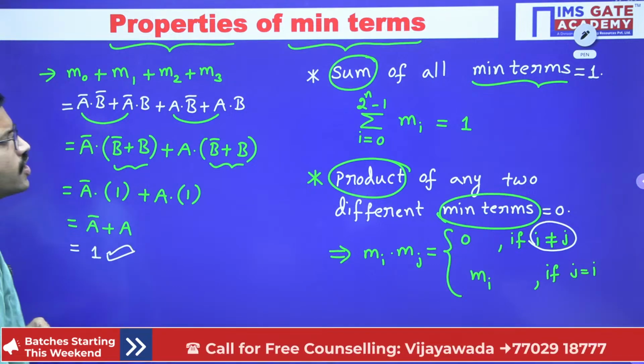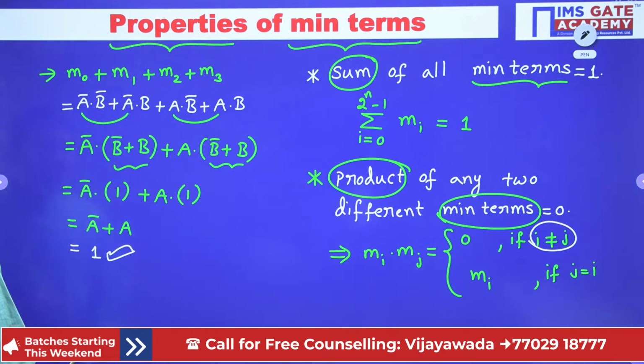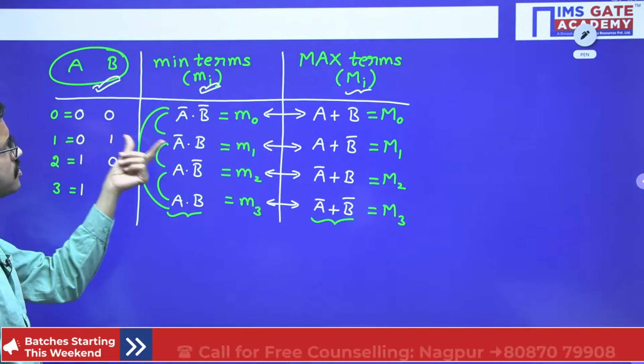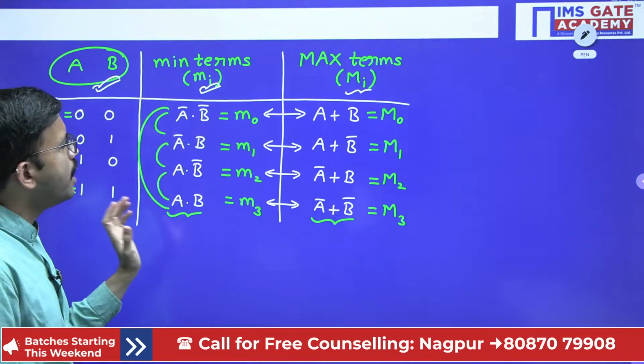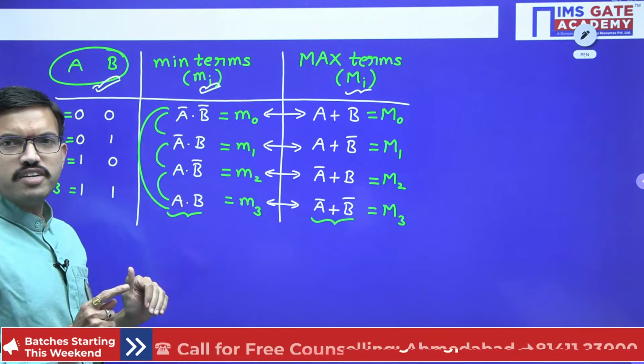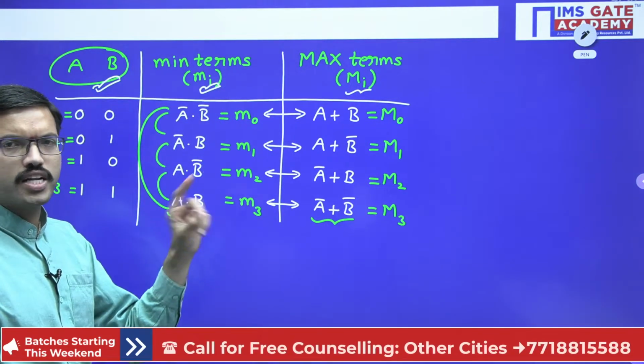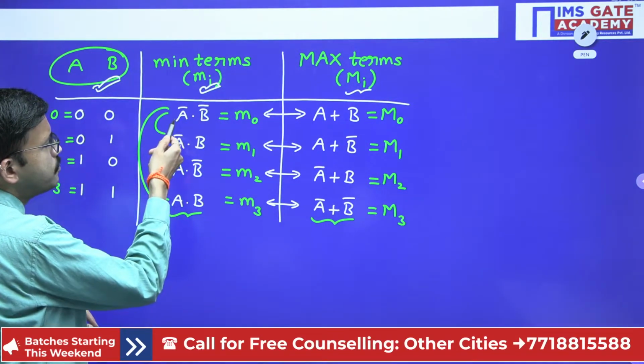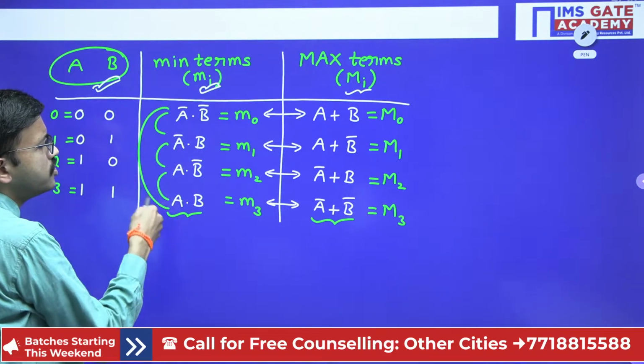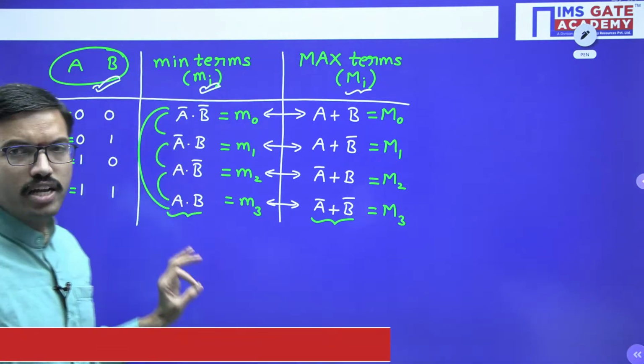I hope all of you got the clarity. For the time being I have considered, for two variables we got 4 minterms. With the help of that, in the first property we added all the minterms, and the resultant value we got was 1. Similarly, the second property: we multiplied any two different minterms, and we get the resultant value as 0.